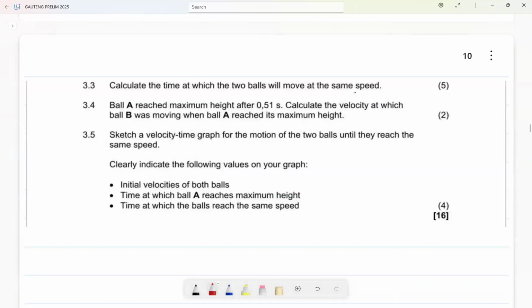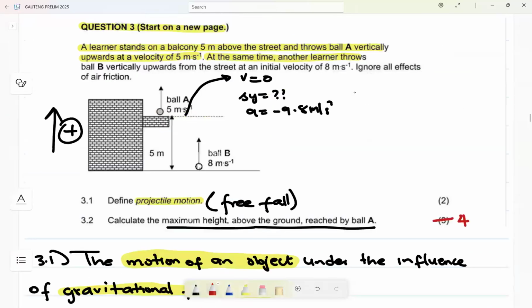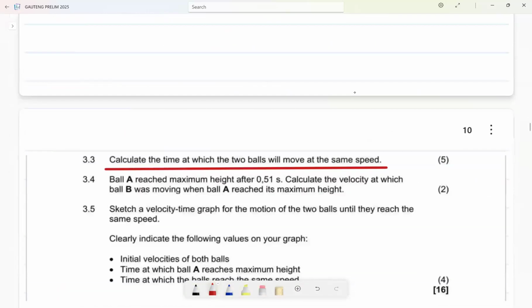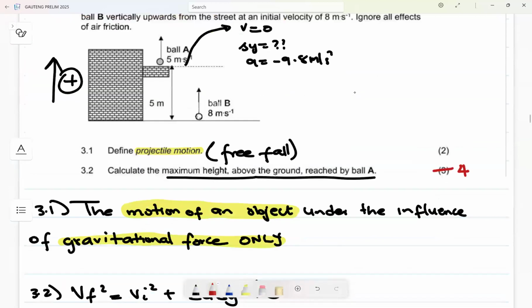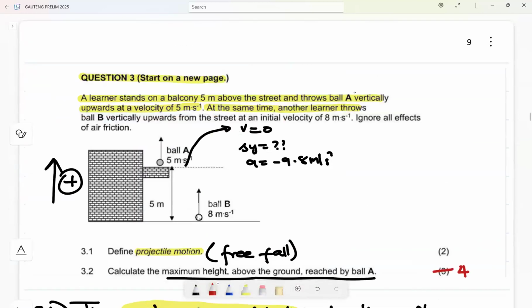And then 3.3 says calculate the time at which the two balls will move at the same speed. Will there ever be that scenario where they move at the same speed? What did they tell us? They reach the ground at the same time?